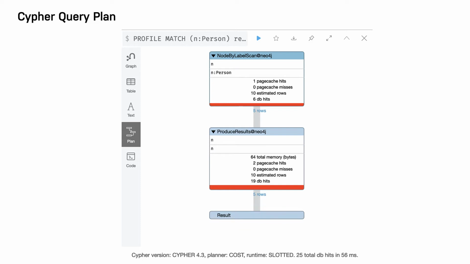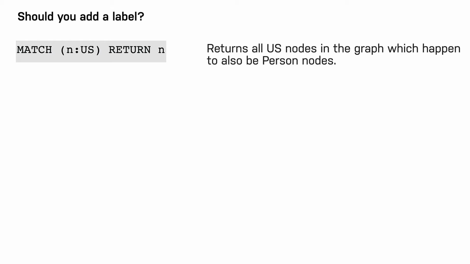If person nodes also have a label, which is the country that a person is from, then you could use this Cypher code to retrieve all people from the US. It returns all US nodes in the graph, which happen to also be person nodes.